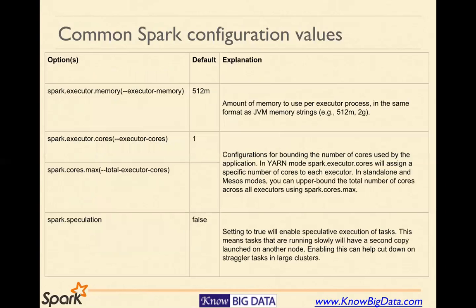First one is the executor memory. How much executor memory do you want to set? Generally you keep it on the lower side. In case your individual machine is really high end, then you increase this memory.